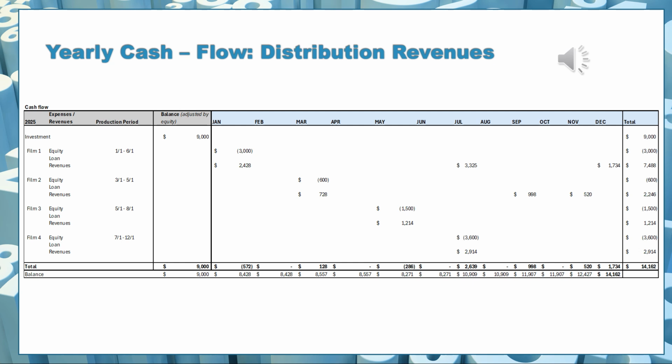Now, 6 months later, in September, we are getting $998,000 from the US. That is the US distribution revenues. And remember that this movie that is basically closing in March and delivering in May is going to get 6 months later after the delivery date another 25% of international, which is $520,000.